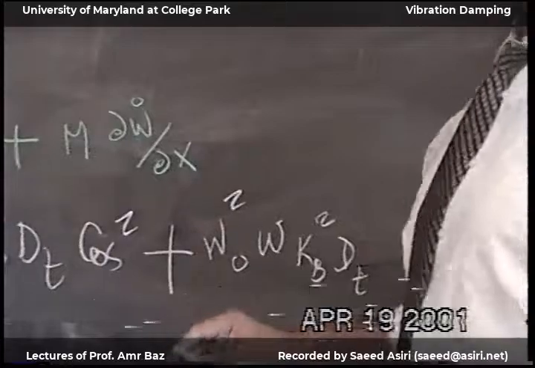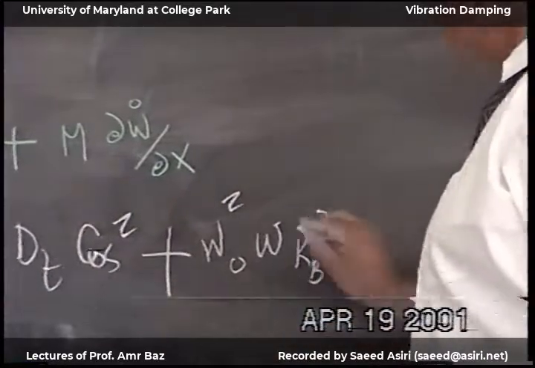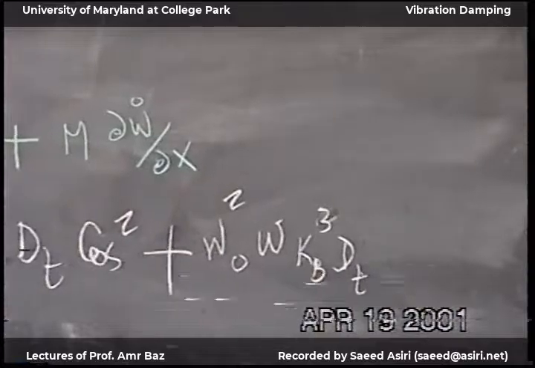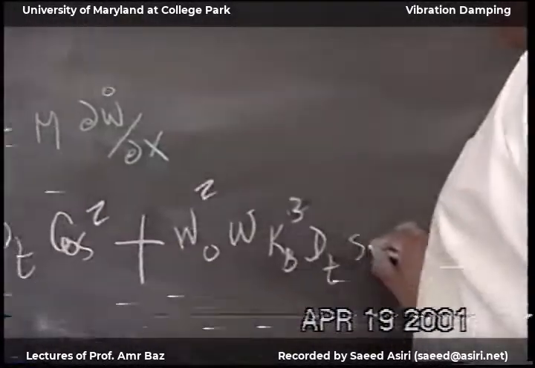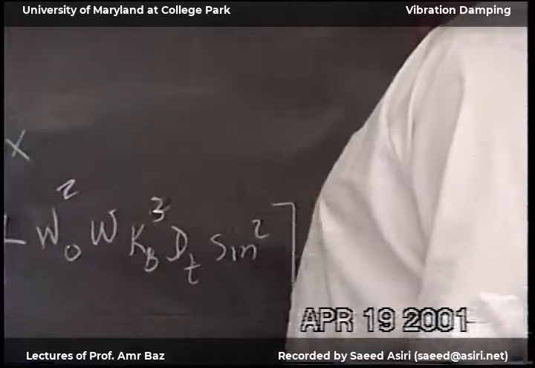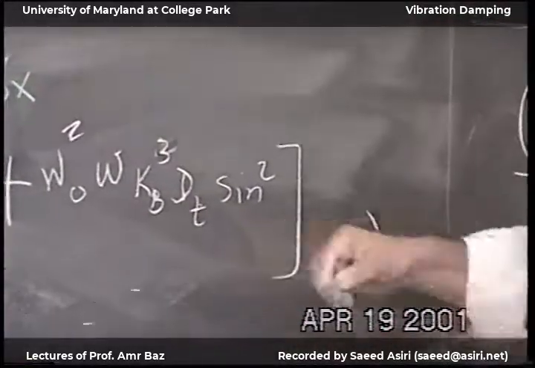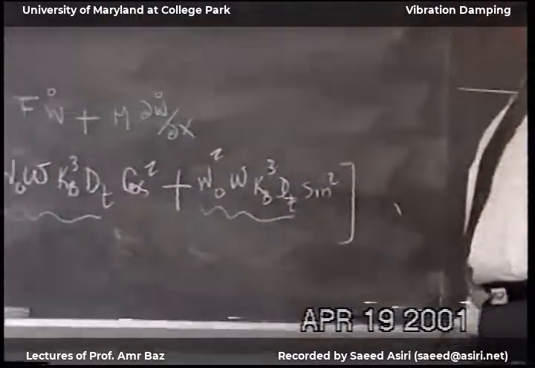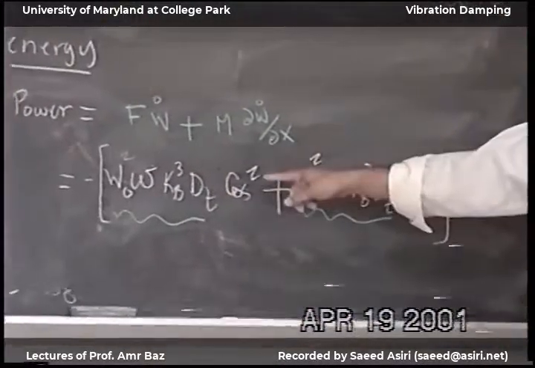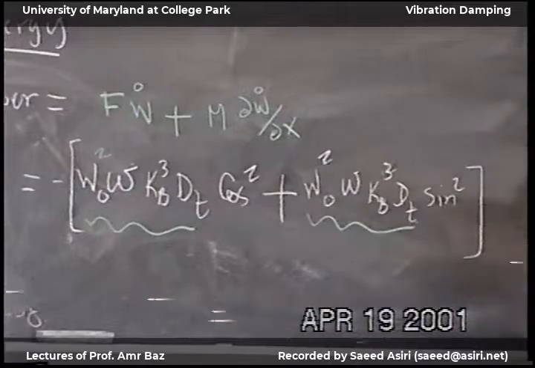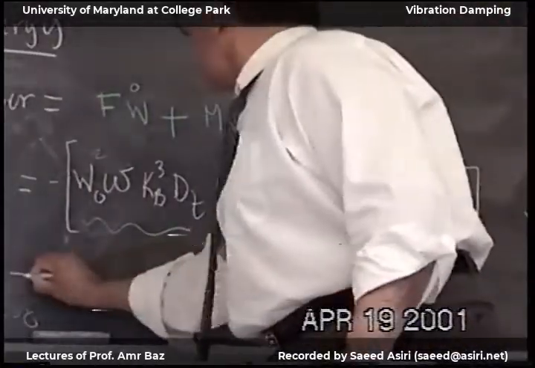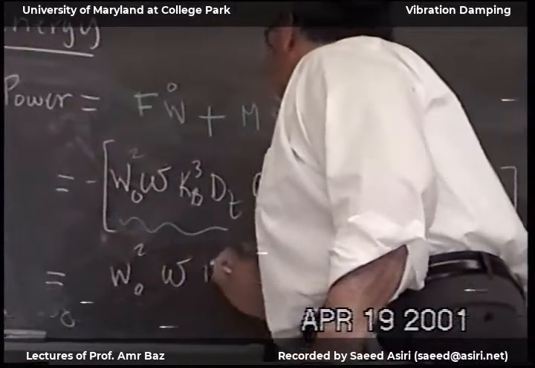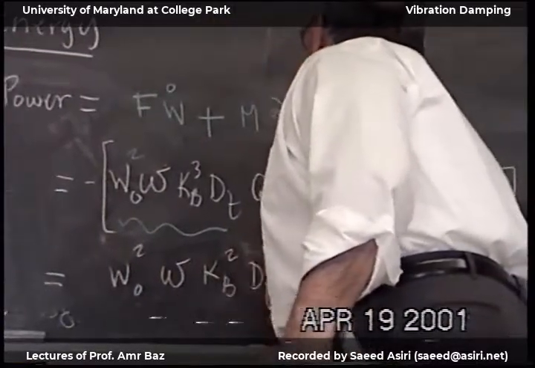We have one more kb, so this would be kb cubed, and then we have sine squared. Now if you look at this term and this term, they are exactly the same, so I'll factor them out, and I have sine squared plus cosine squared equal to 1. So this will equal w0 squared omega kb squared dt.